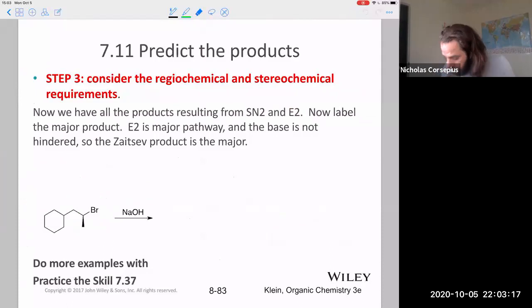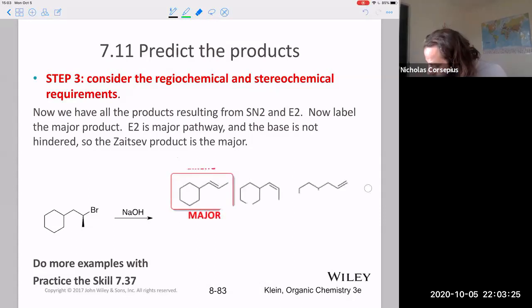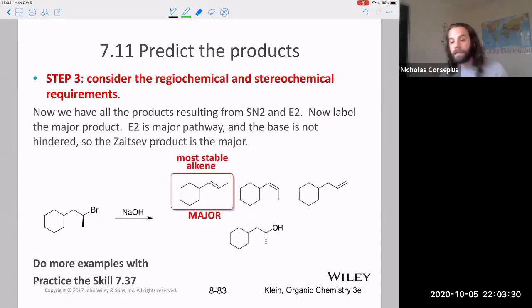So basically, your problem would be: here are these two reagents, that's the consideration you're going to undergo to arrive at the mixture of products. And my major product, because this is a secondary alkyl halide, is going to be the elimination product, and in this case, the most stable alkene is this one right here. It is a lot, but once you approach it in this step-by-step manner, hopefully it's not too bad.